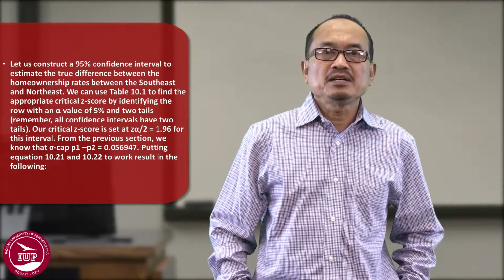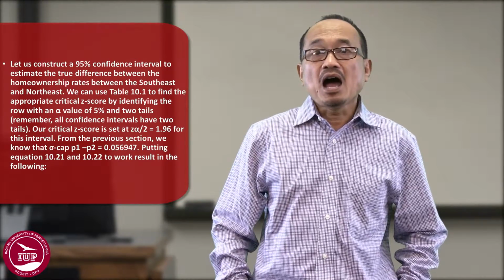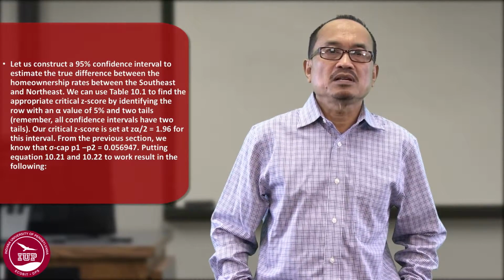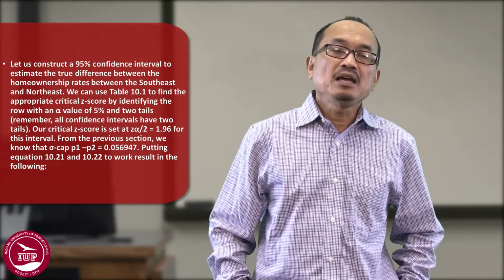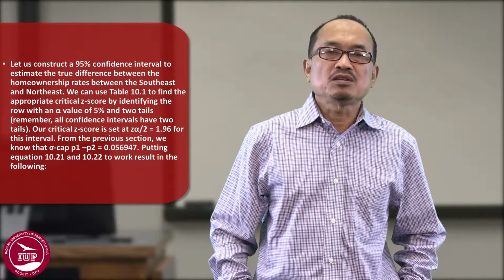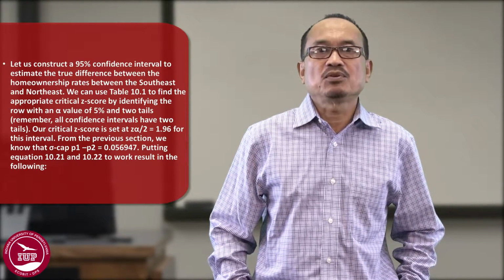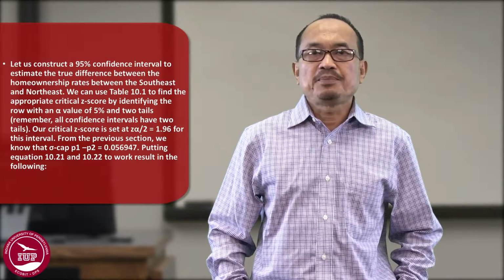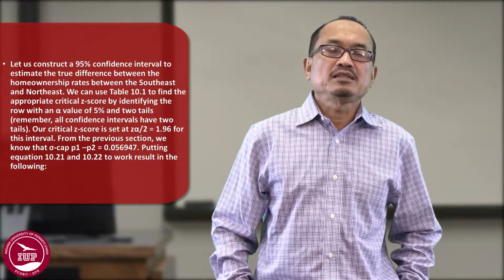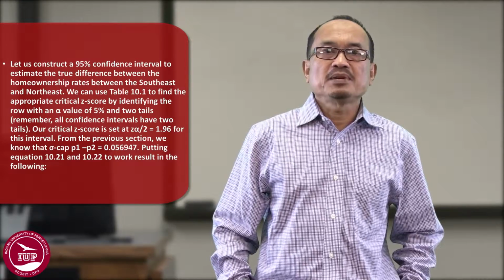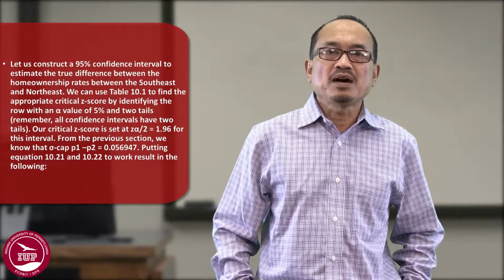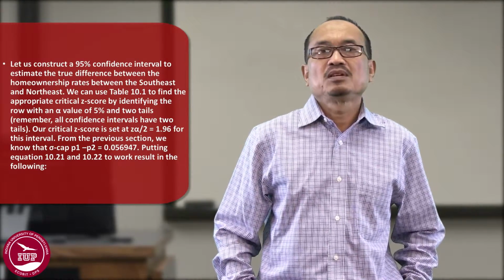Remember, all confidence intervals have two tails. Our critical z-score is set at z alpha divided by 2 equal to 1.96 for this interval. From the previous section, we know that sigma cap of P1 minus P2 is equal to 0.056947.